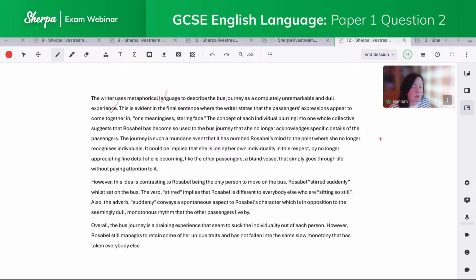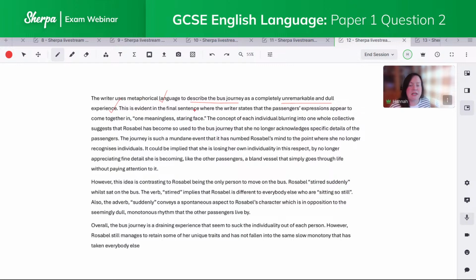That's a good example of a specific, clear point that doesn't say the obvious. So they haven't said uses language, they've said metaphorical language. So it's the method. They've linked it to the question by mentioning the bus journey. And they've used some key adjectives to describe exactly what they want to prove about that bus journey.